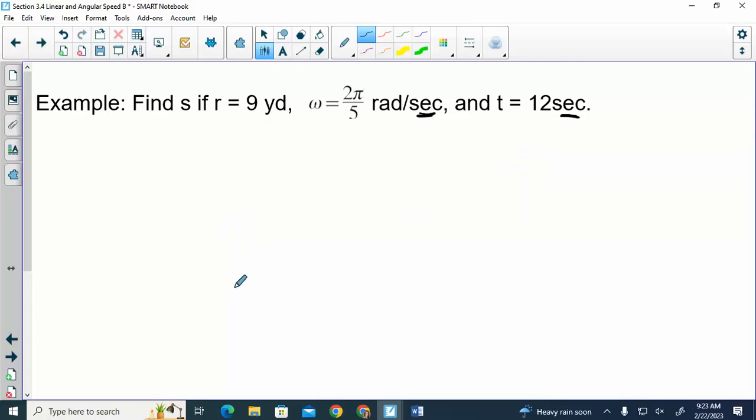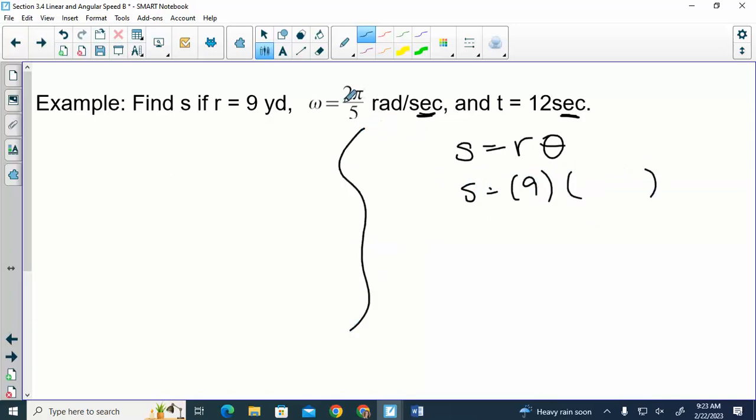So options for S. We can do S equals R theta, but I don't have theta. Or we can do V equals S over T, but we don't have V. So either way, we have to find something, right? Let's say I want to do S equals R theta. So I have my R. We have to figure out what theta is. What formula could you use to find your theta?